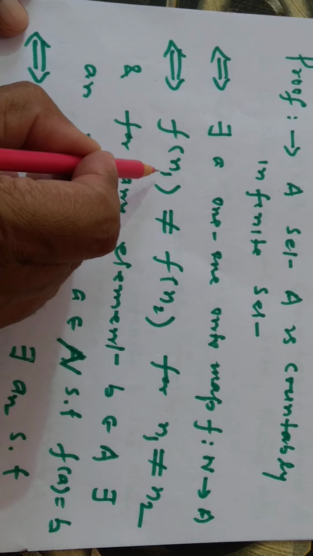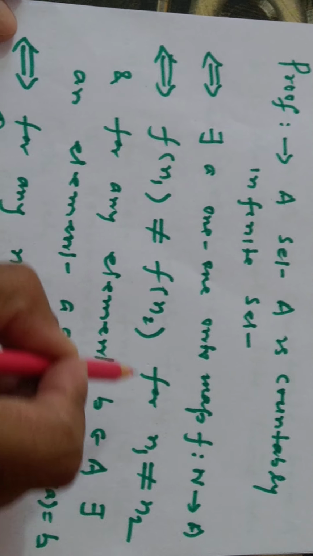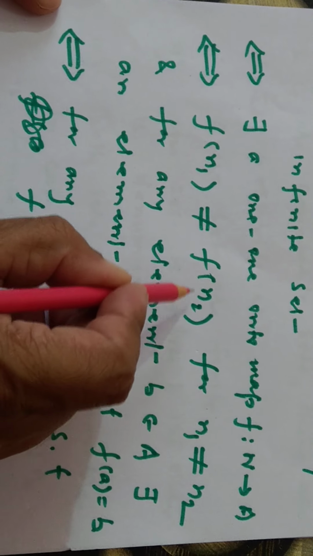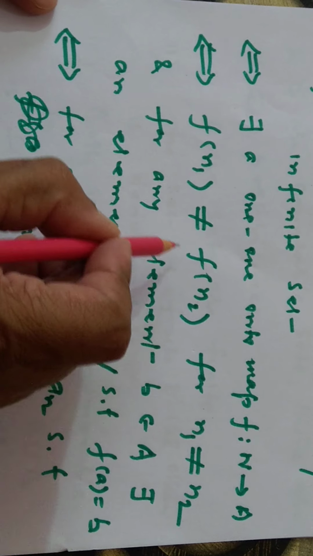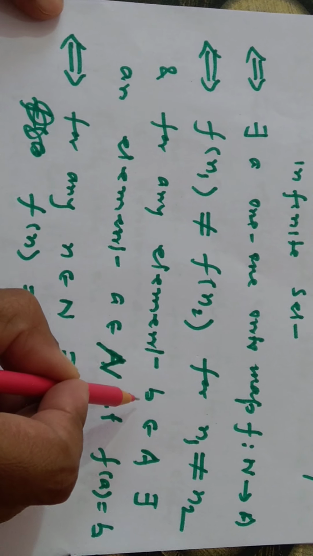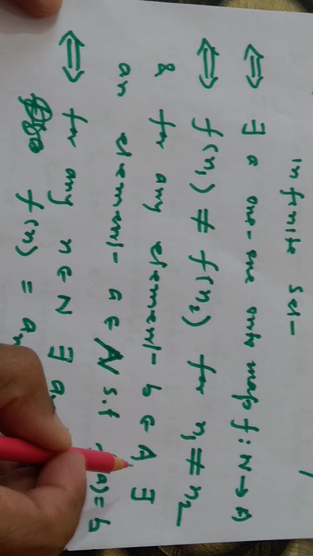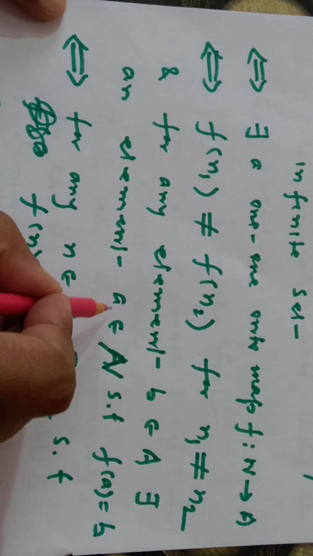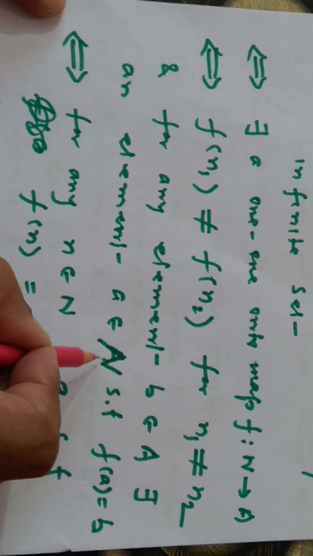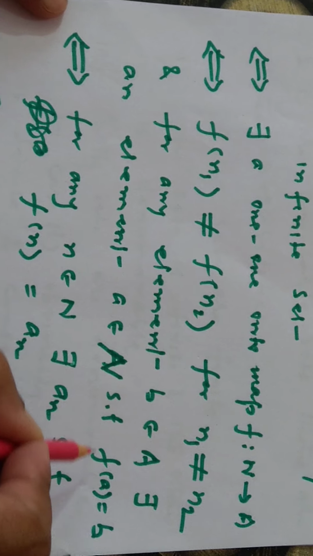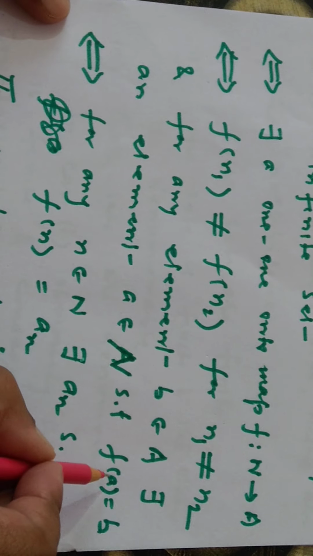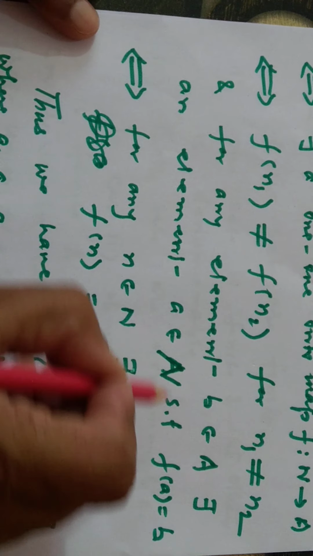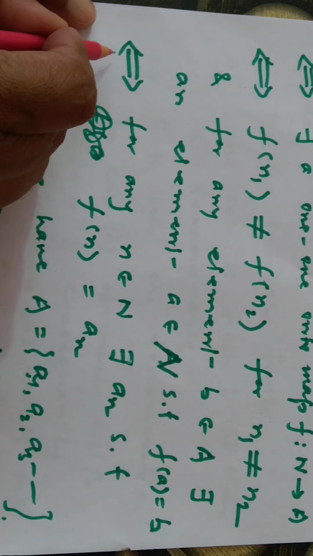That is, f(n1) is not equal to f(n2) for n1 not equal to n2, and this is the condition for the function to be 1-1. And for any element b belonging to the codomain A, there exists an element n belonging to N, the domain of the function, such that f(n) is equal to b, and this is the condition for a function to be onto.